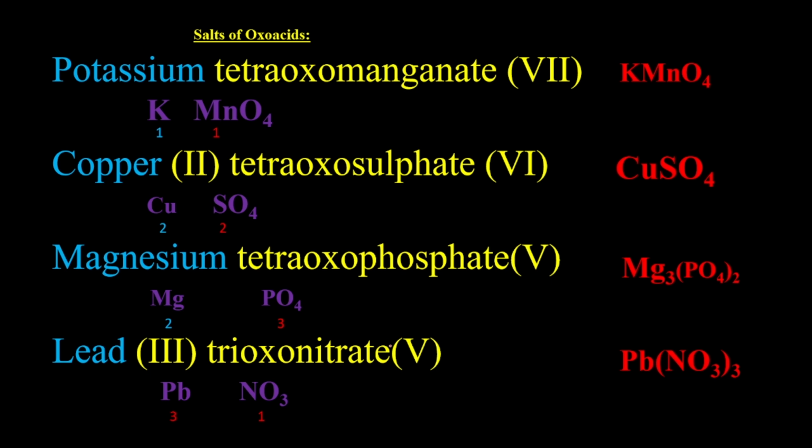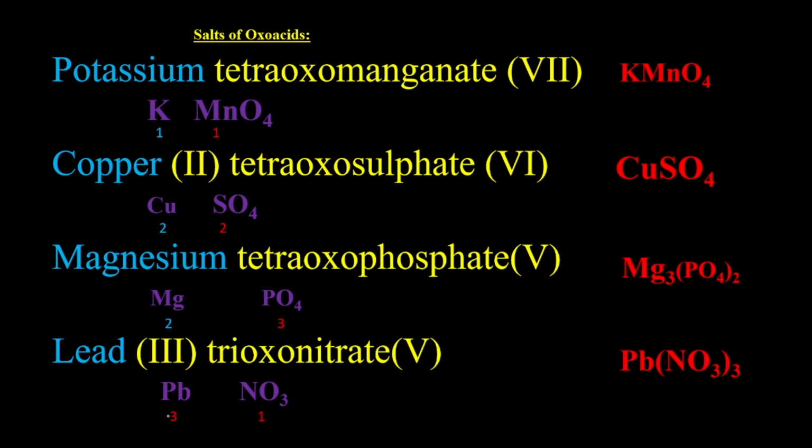Now let's look at the last one. We have lead 3-trioxynitrate 5. So the name is lead here, which is Pb. 3 here indicates the charge of this element. So that is the 3 over here. Trioxynitrate. So we have 3 for tri, oxo for oxygen. That is what is indicated here. Then nitrate we have N. But we all know that with NO3, the charge is minus 1.